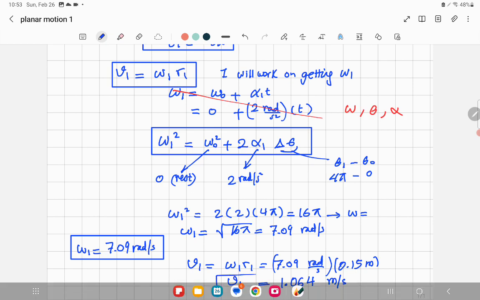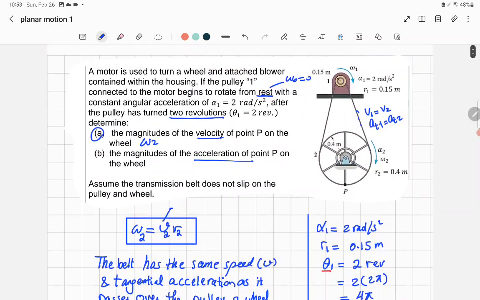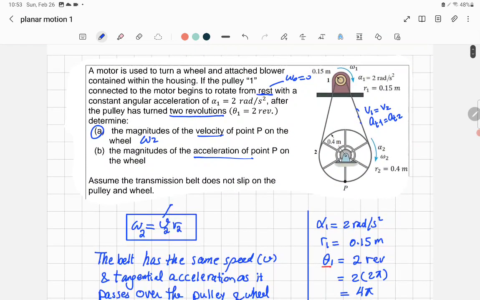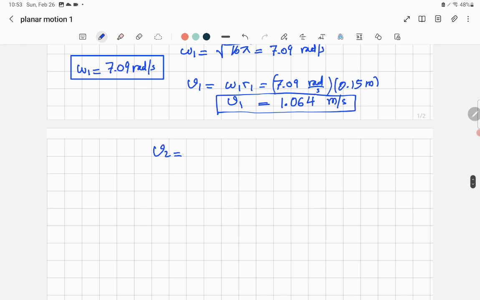That will be the velocity V1. Remember that I found V1 because I know that through the belt this motion will be transferred and V2 will be equal to V1. So V2 is equal to V1, which is 1.064 meter per second. All right.